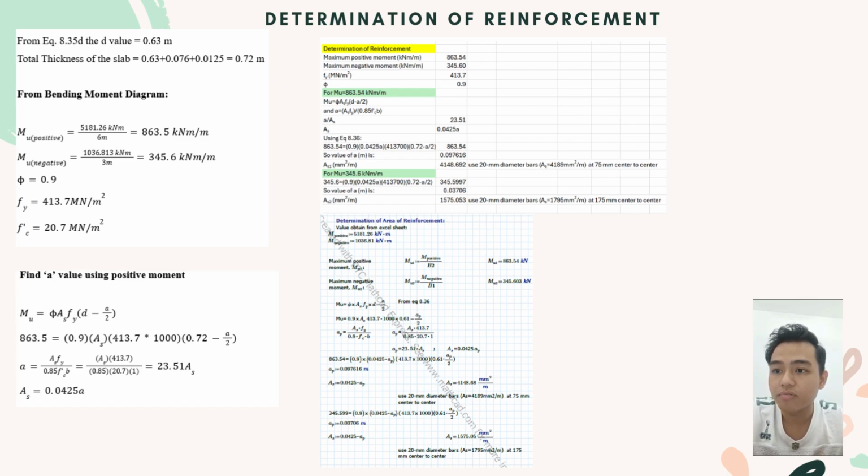The area of reinforcement is 4148.7 mm square per meter. So for the maximum moment, 20 millimeter diameter bars at 75 millimeter center to center are used, as the As is equal to 4189 millimeter square per meter.